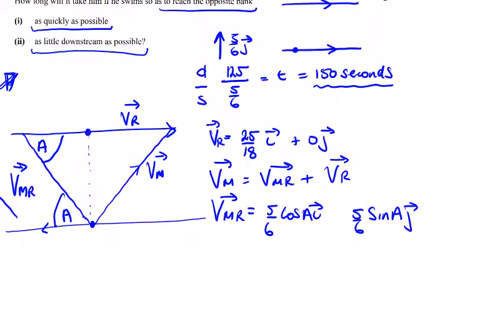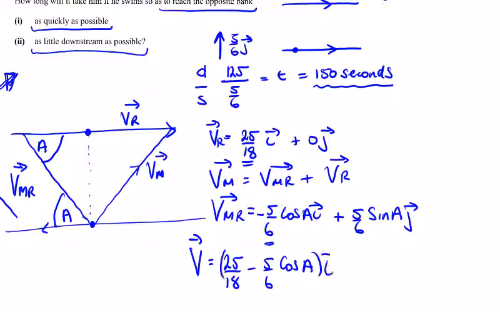So let's write down the velocity of the man in terms of these two vectors. We're going to get 25/18 minus 5/6 cos A in the I direction, and just 5/6 sine A in the J direction.